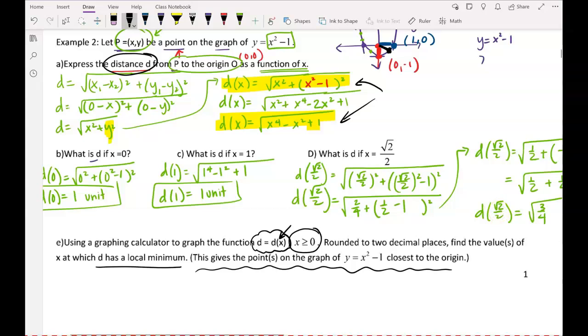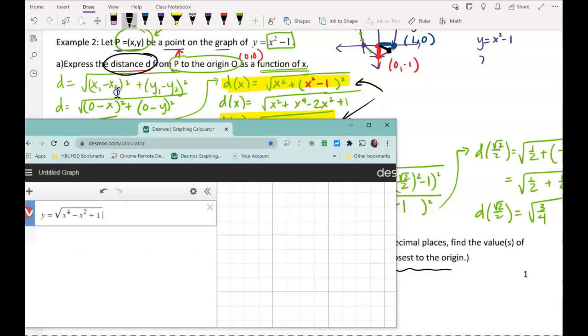Okay, so let's type in the equation. That is y equals, or d of x equals, the square root of x to the 4th plus 1. I'm using the distributed one. It doesn't matter which one you use, guys. It really doesn't.